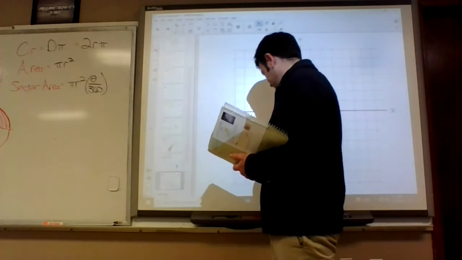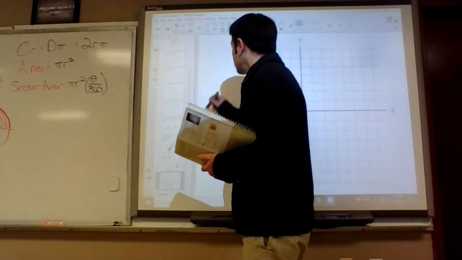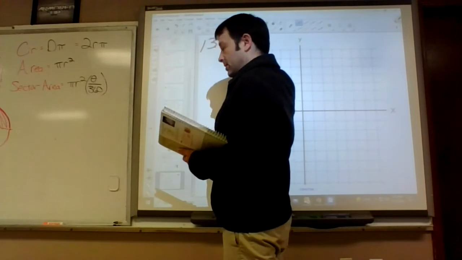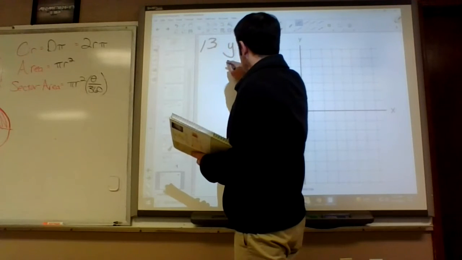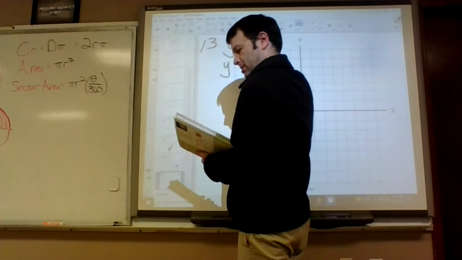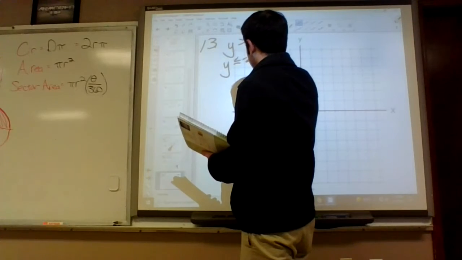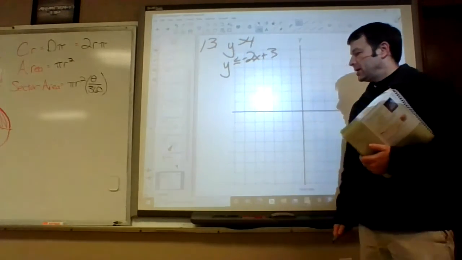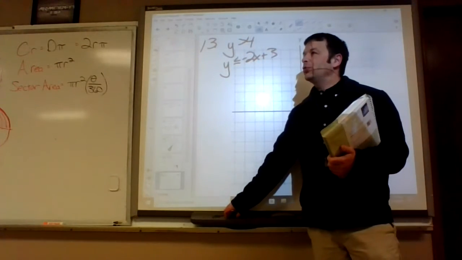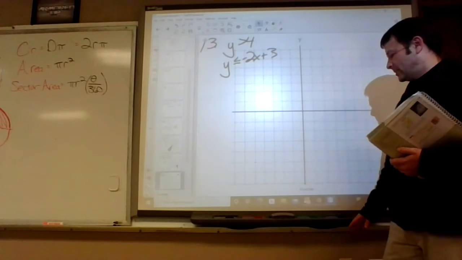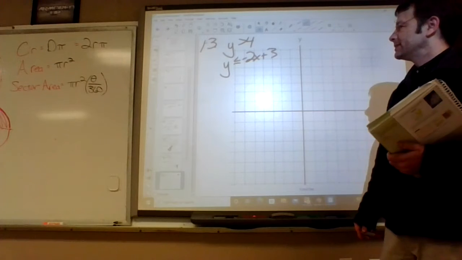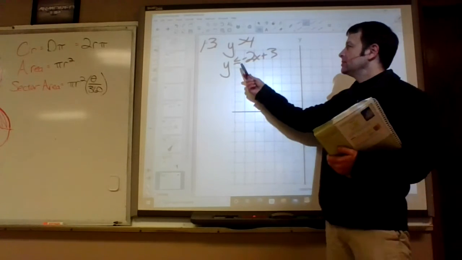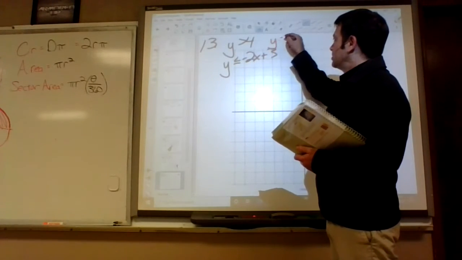Number 13. Says y is greater than 4 and y is less than or equal to -2x plus 3. Okay, y is greater than 4. What does y equals 4 look like? Good.